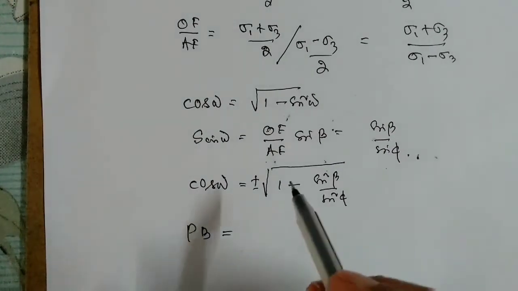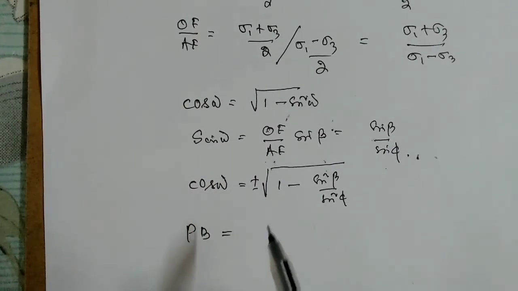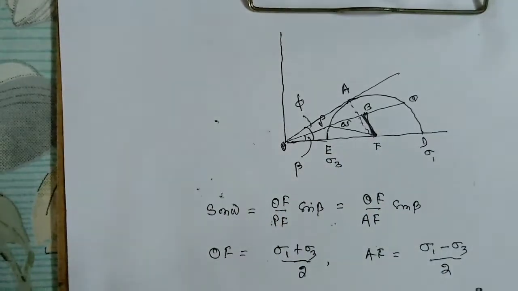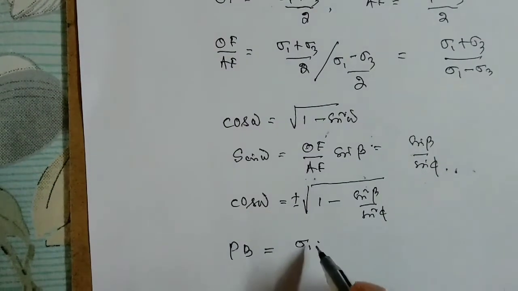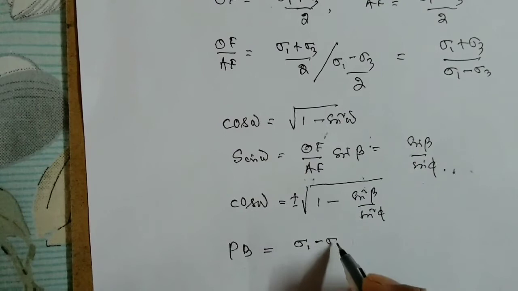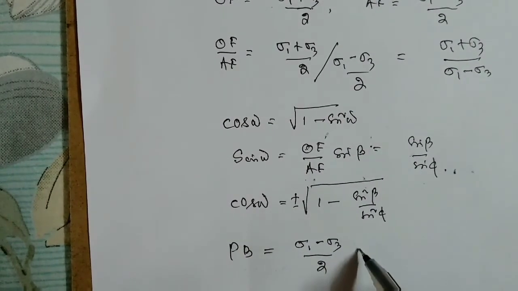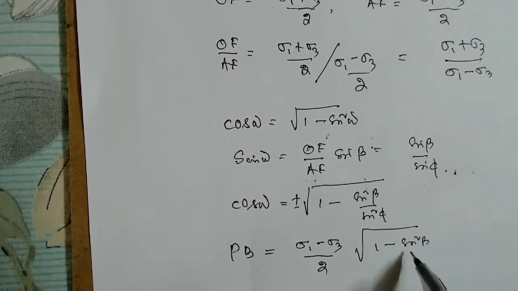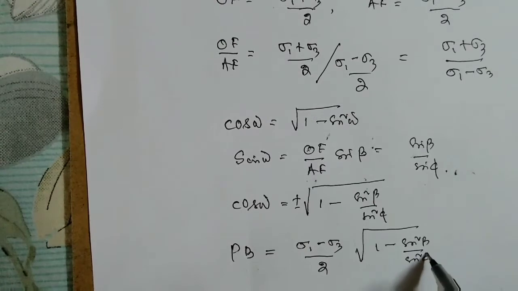What is PF? PF is the radius, so PF is equal to (sigma 1 minus sigma 3) by 2, and cos omega is the root of 1 minus sin square beta by sin square phi.